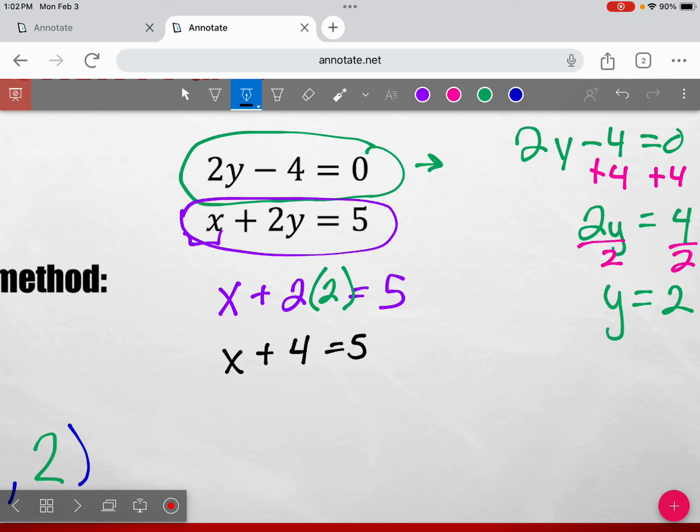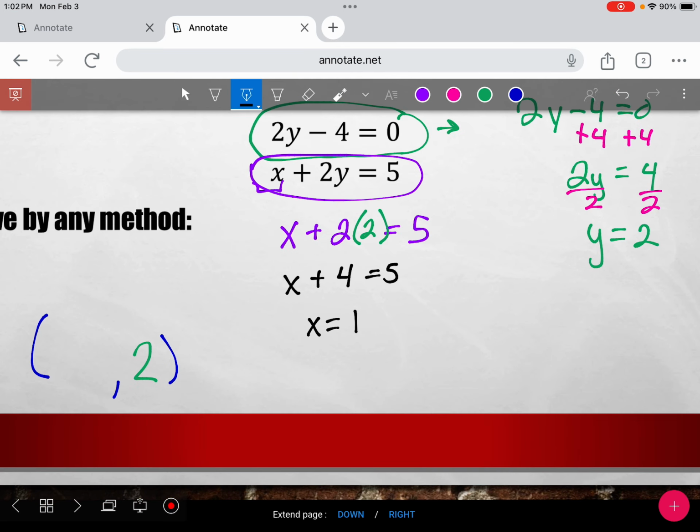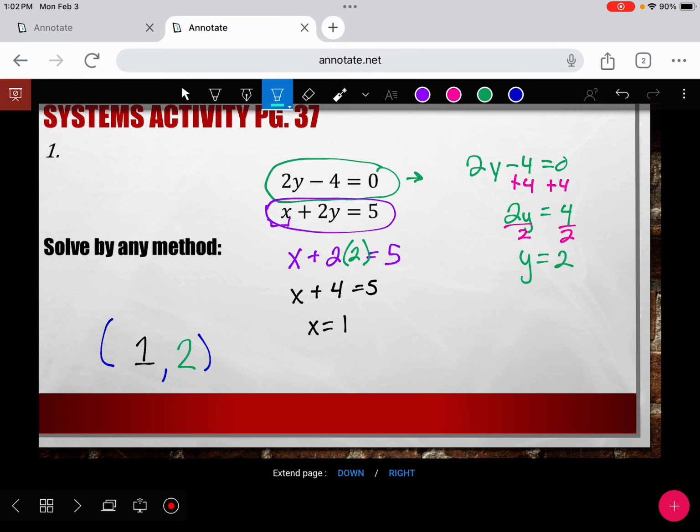So what is our x going to be? Subtract 4 from both sides, and we get x equals 1. So our solution is the point (1, 2). This system has one solution.